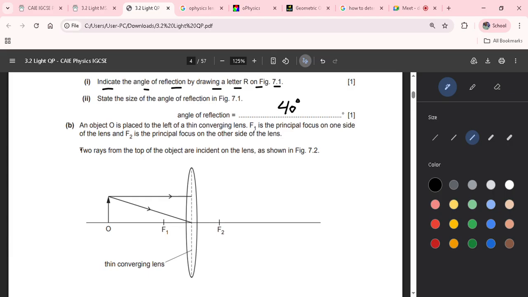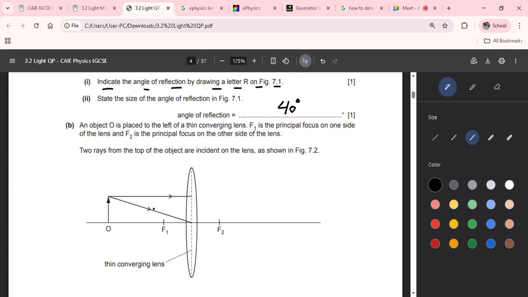So, next. An object O is placed to the left of a thin converging lens. This is O. F1 is the principal focus on one side of the lens, and F2 is the principal focus on the other side of the lens. The two rays from the top of the object are incident on the lens, as shown in figure 7.2.